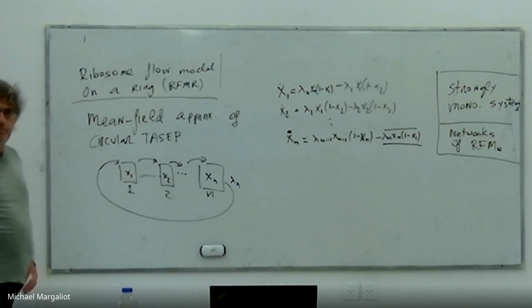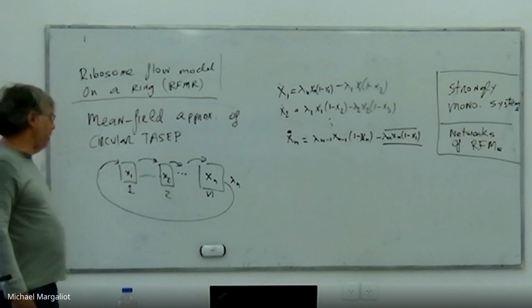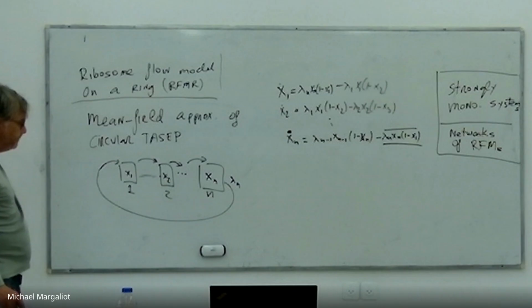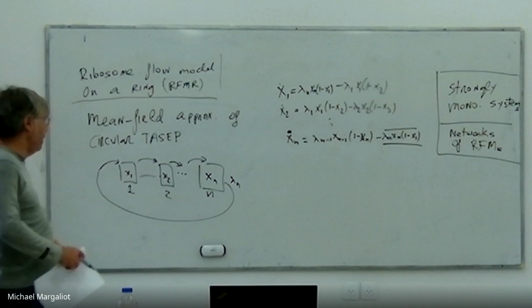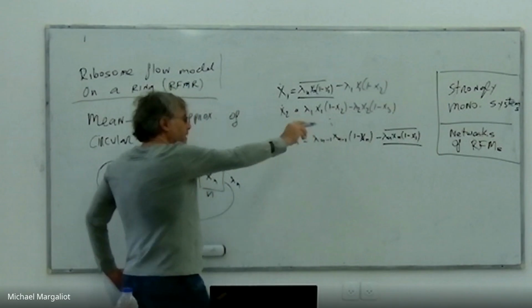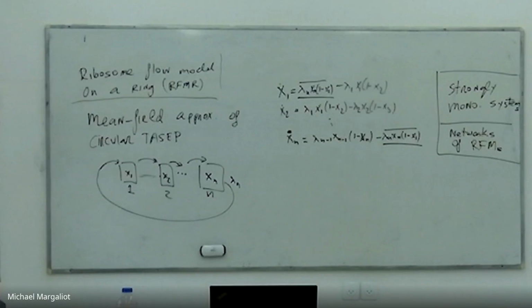So if there's more free space in site number 1, more particles can flow there. On the other hand, when site number 1 starts to fill up, new particles find it more difficult to get in. And the flow into site number 1 is exactly the flow that comes from site number n.